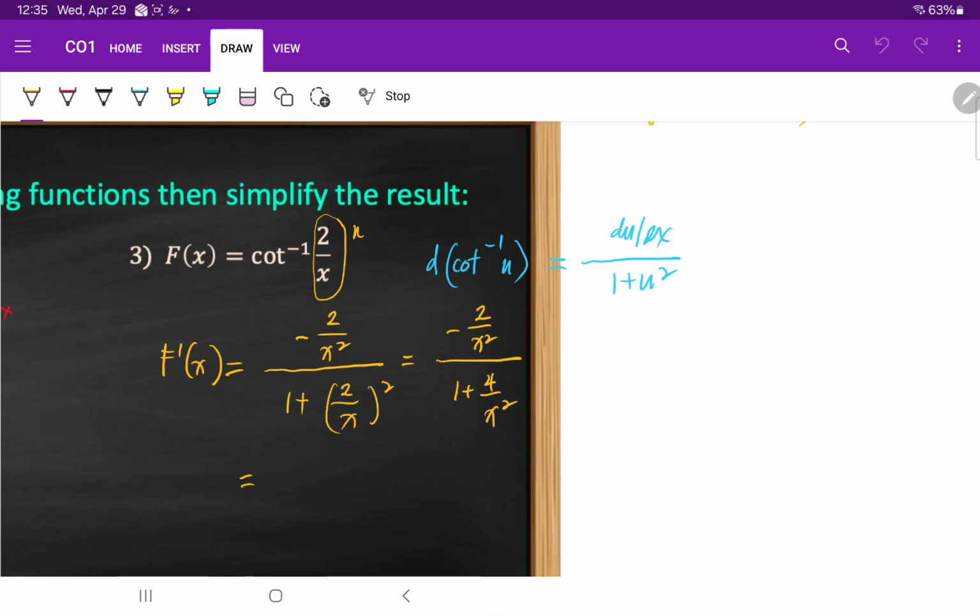And then we get the least common denominator. Multiply the numerator by the reciprocal of this. So we have negative 2 over x squared. Now, what's the reciprocal of the denominator? Get the LCD in the denominator. So our LCD for this one is x squared. So we'll have here x squared plus 4.